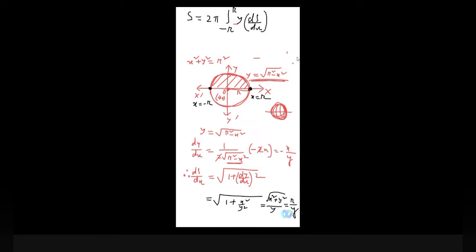Put these values in: ds by dx we got as r by y, so in place of y the y cancels out, and r being a constant you take outside, and you integrate the remaining part. So I think you can get your answer. Let's see.